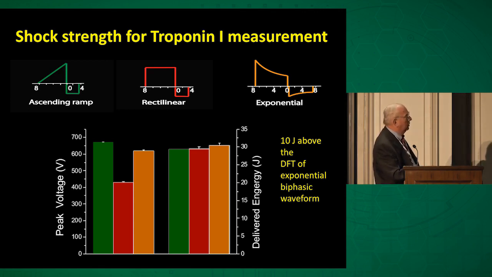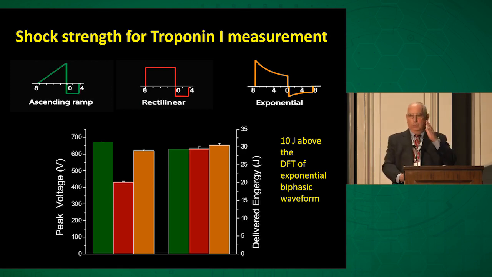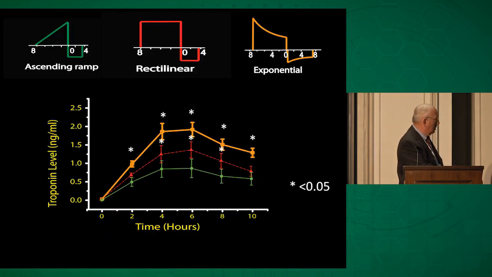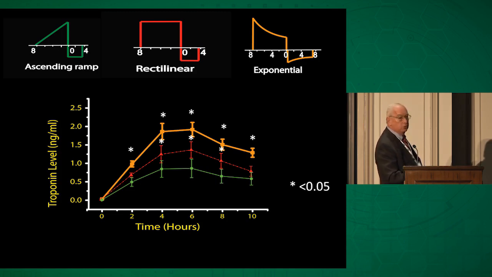So then you had to have animals, and we gave all 3 shocks at 30 joules, which means then, of course, that the peak voltage is different. Here's the rectilinear with the low peak voltage. It turns out this ascending ramp actually has a significantly higher peak voltage even than the truncated exponential.